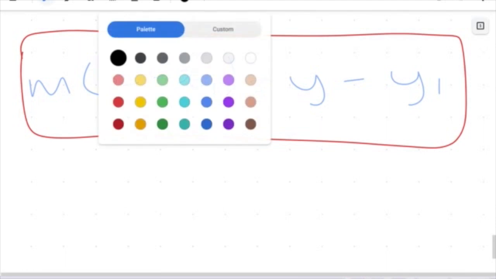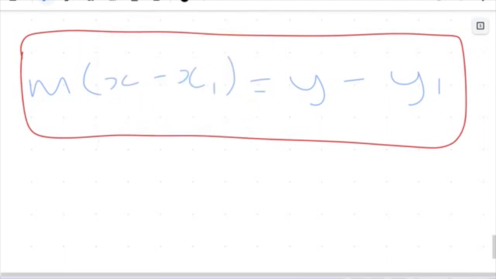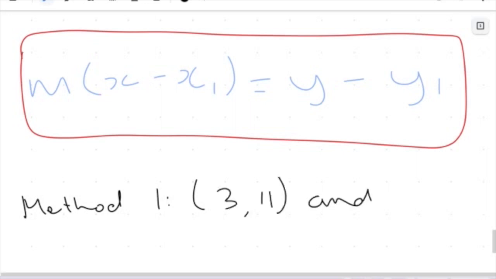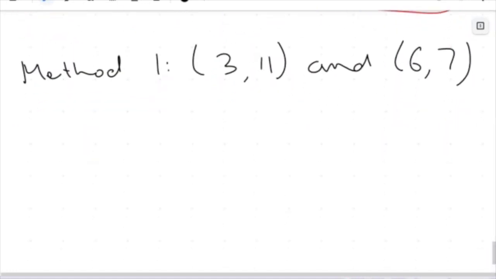So let's consider our 2 points here. For method 1, we had the points 3, 11, and 6, 7. Okay. Now, let's just find the gradient of these 2 points.